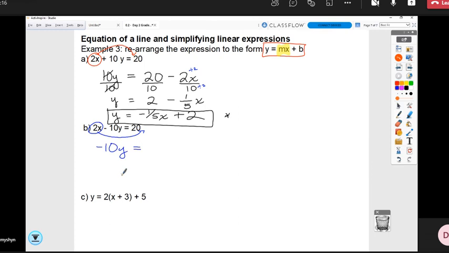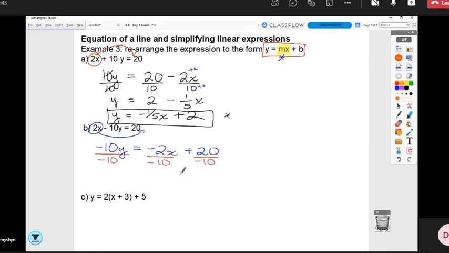We're going to put the 2x, well, really the minus 2x first. And then that 20 is positive, so we can write plus 20. So now we saved ourselves a little bit of a step there, right? We just put the minus 2x in front, because we know at some point near the end, that's where that term belongs. And now to get rid of the negative 10, we're going to divide everything by negative 10.